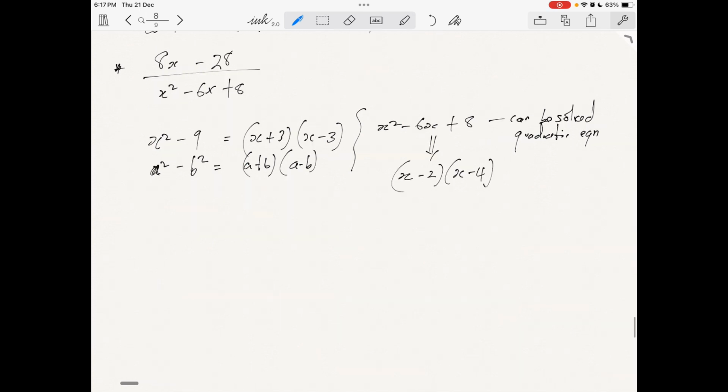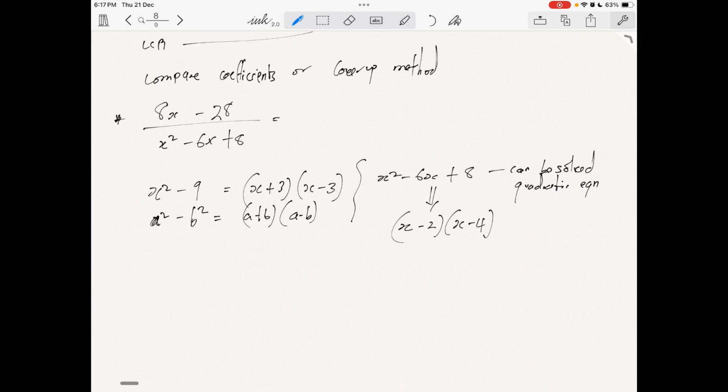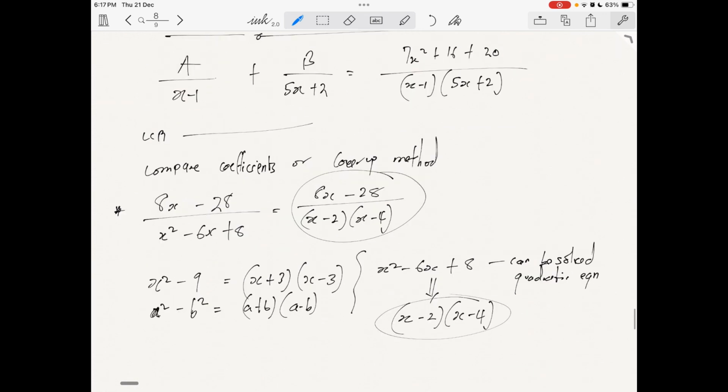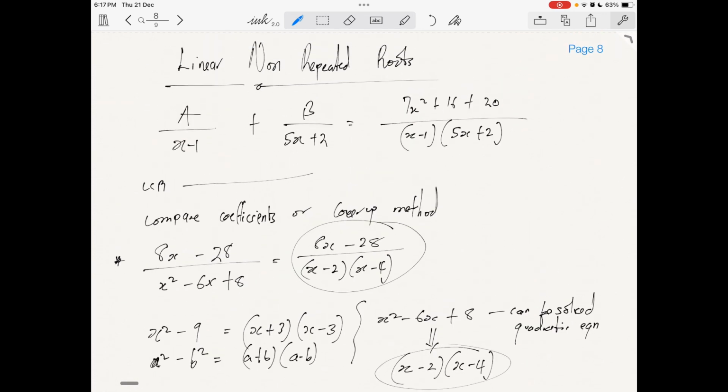So we can definitely rewrite this question as 8x minus 28 divided by x minus 2 and x minus 4. Now this can be solved using linear non-repeated roots.